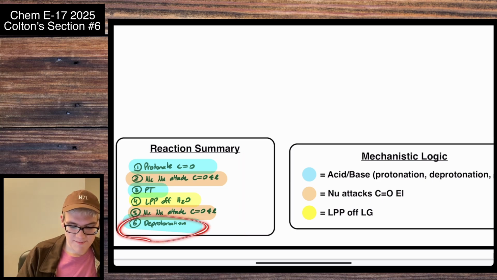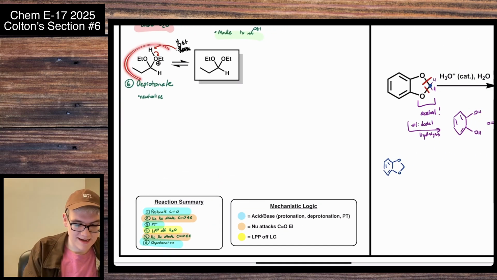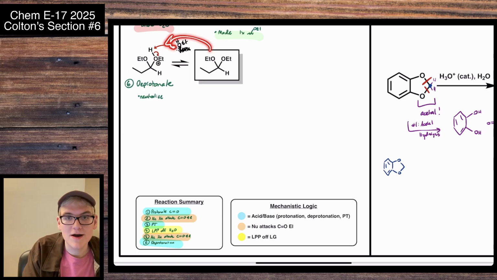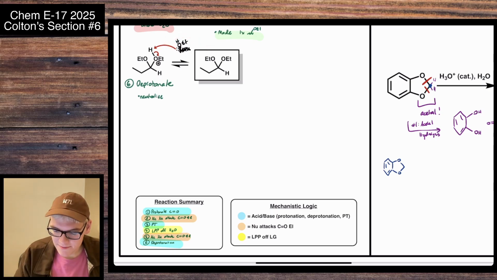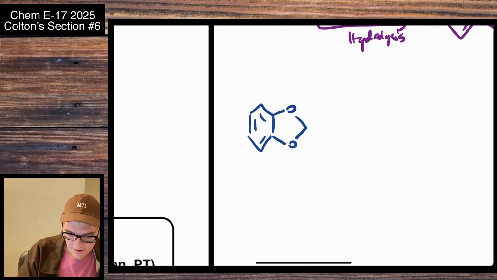So the final step was we had a protonated acetal that we deprotonated. So to go backwards, our first step is we need to protonate one of the oxygens in our acetal. We are just undoing the last thing that we did. So this is going to go and grab a hydrogen from H3O+.